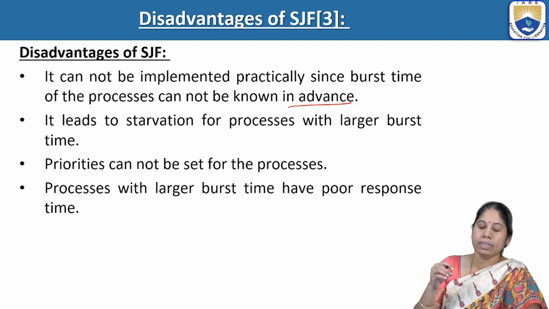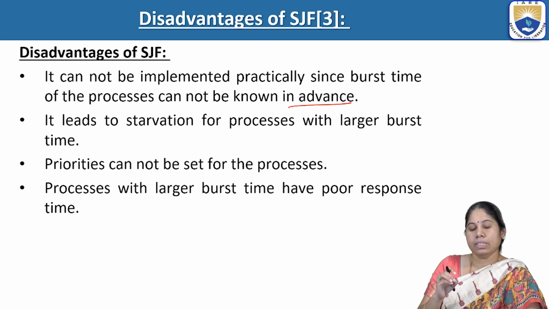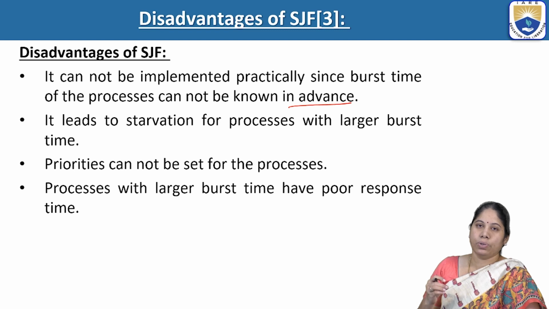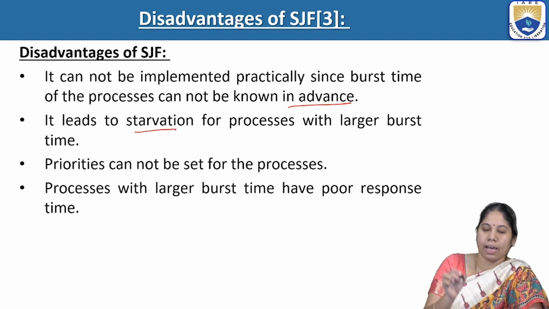There we used the term convoy effect, and here it is the same. Processes with the shortest burst times coming into the ready queue keep on getting the CPU and make the process with the longest burst time wait a longer time in the ready queue. That is nothing but starvation.